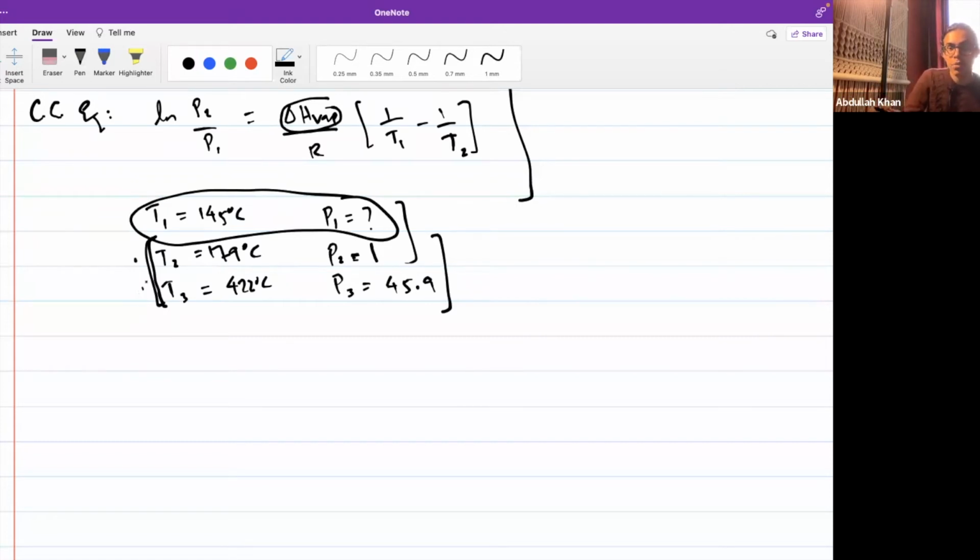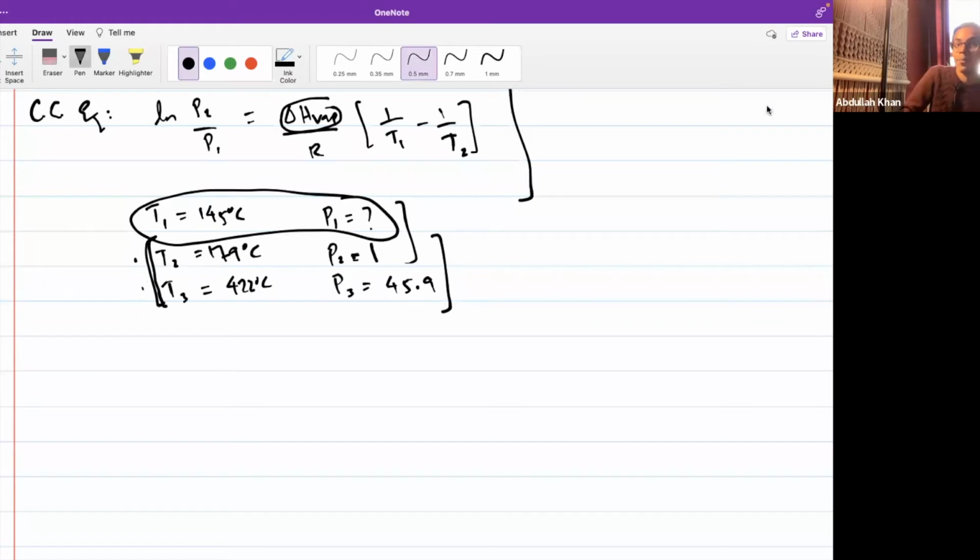Another way, which will save you some time, is to write down the 2 equations, but divide them out. The unit of pressure doesn't matter here because it's a ratio of pressures. As long as the units match, you're fine. Temperature here, the units do matter. They have to be in Kelvin.